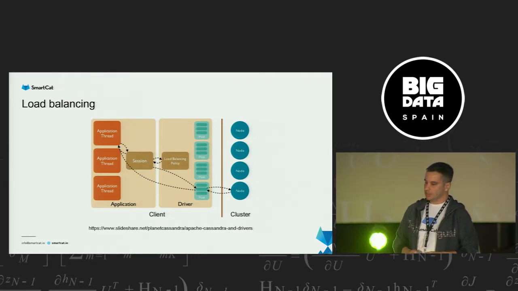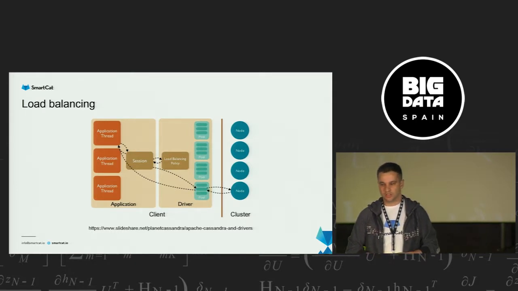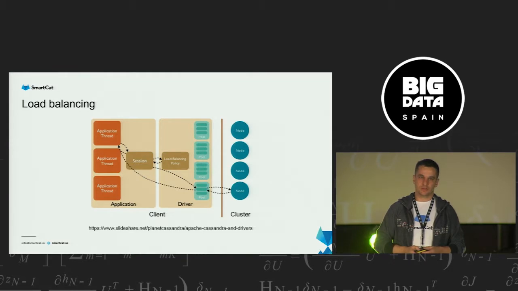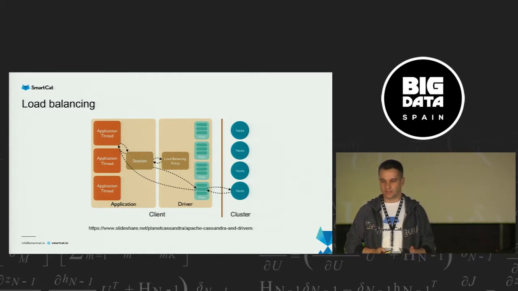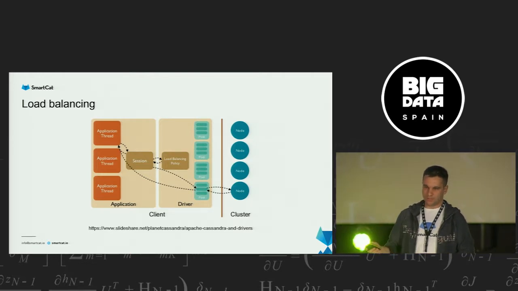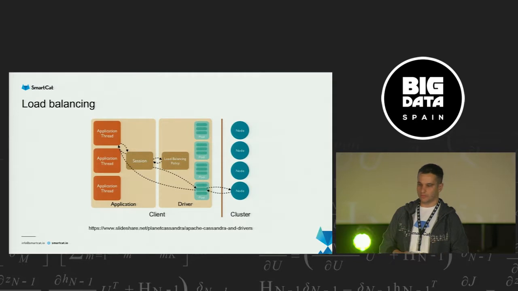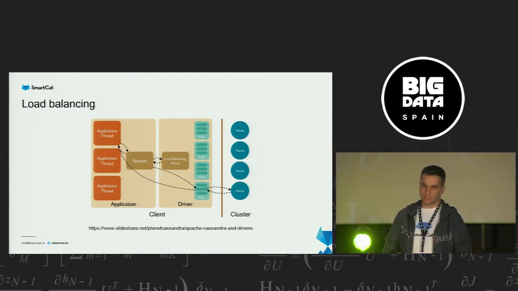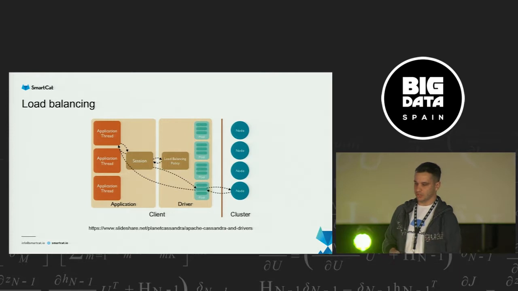Your application is connected to a cluster through a session. You define a session, and each session has a load balancing policy. Load balancing policy is responsible for choosing the coordinator, and we have different options here. The connection between our application and cluster is maintained through a pool of connections, and pretty much load balancing is responsible to put load evenly on each node.